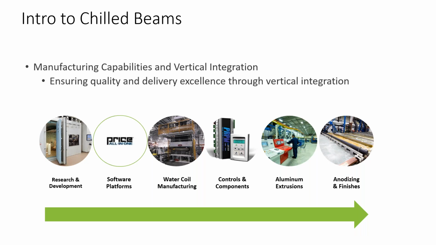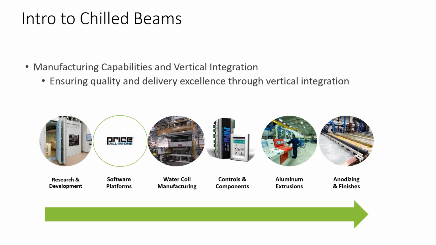So we're also heavily invested in vertical integration. You see this nowadays really coming into play with lead times and various supply chain issues. We started many years ago trying to invest not only in our anodizing tanks, which we use for our bar grills and various products, to essentially have that in-house and not have to send it out for extended lead times or have that part out of our control, and also manufacturing our water coils for the chilled beams.